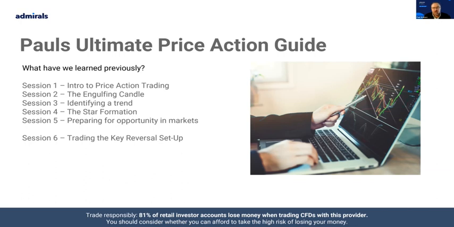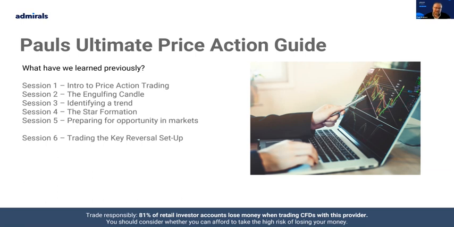So, what have we learned so far? Session 1 was, not unsurprisingly, just an introduction to price action trading. Session 2, we looked at the engulfing candle. It doesn't happen very often, but it's very useful to know when it occurs. We talked about identifying a trend, and you'll always hear me say, good trends leap off the charts. You don't force it. Session 4, we talked about the star formation, the morning star and the evening star. Another very simple setup that will work across all time frames and all instruments.